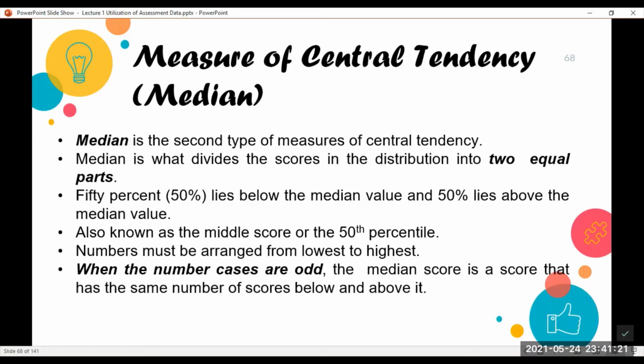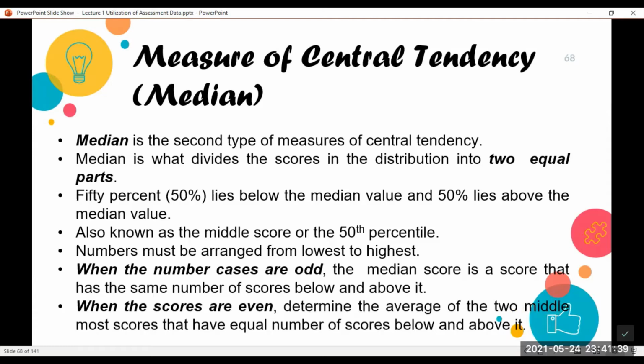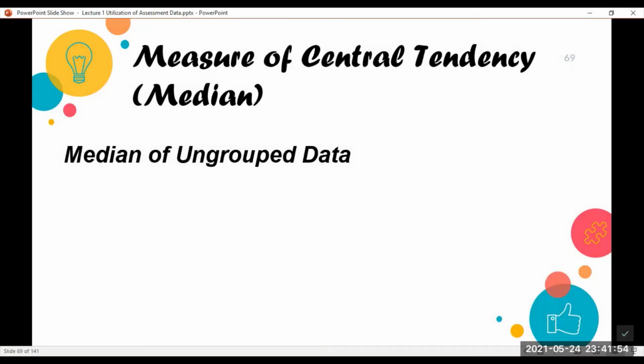So yung median score daw ay ito yung score na kung saan if we're going to count the number of scores below the median score, the same siya na number if we're going to count also the scores above it. Okay. When the scores are even, determine the average of the two middlemost scores that have an equal number of scores below and above it. Anyway, I will be giving you examples for you really to visualize these two cases of the odd and even. Okay, so we'll be having the median for ungrouped data.